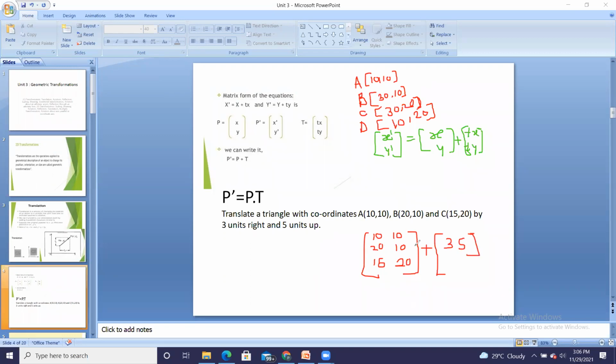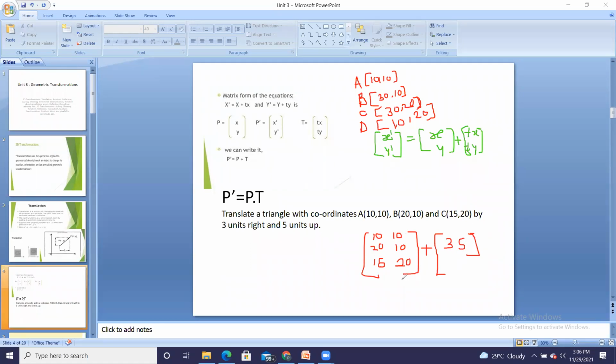Because X and Y are written in this fashion horizontally along a row, I just cannot add like this. Can you perform addition like this in a matrix? No. Here, for that purpose, if I want to perform the translation, then I have to consider one element or one pixel at a time. Then only I can go on performing addition.